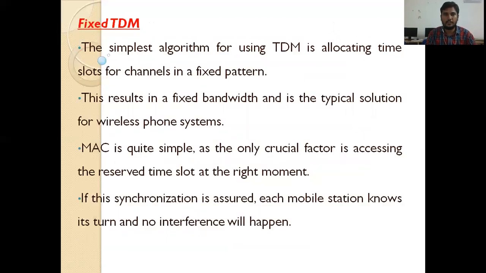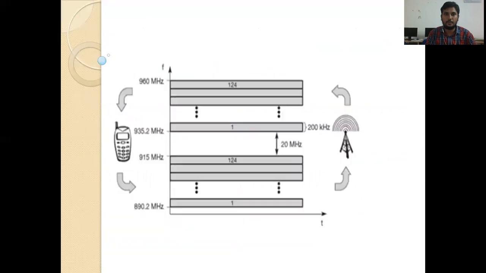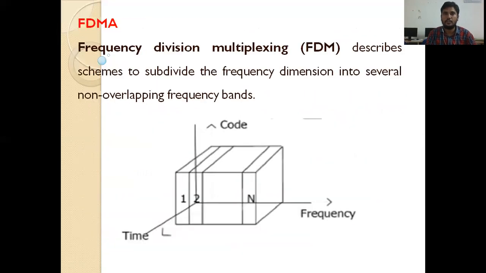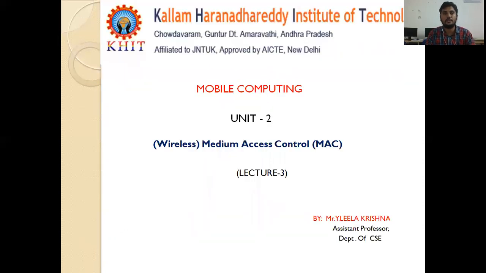So this is the basic difference between FDMA and TDMA. FDMA is frequency division and TDMA stands for time division. In the frequency division, frequency is divided into subparts. In the time division, time is divided into subparts.